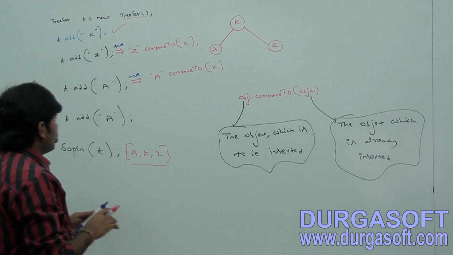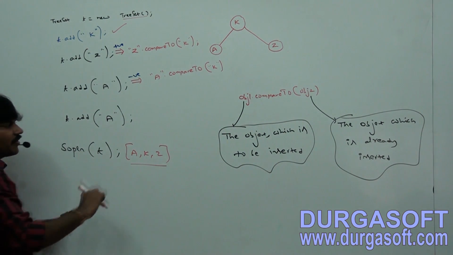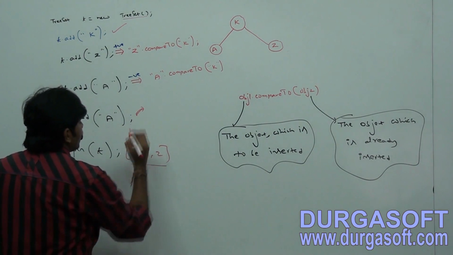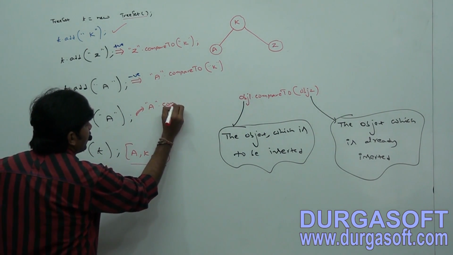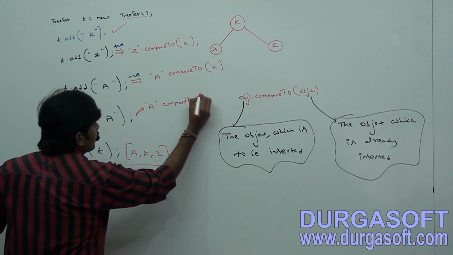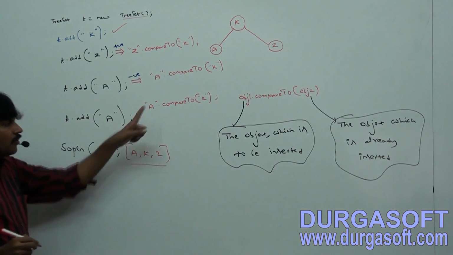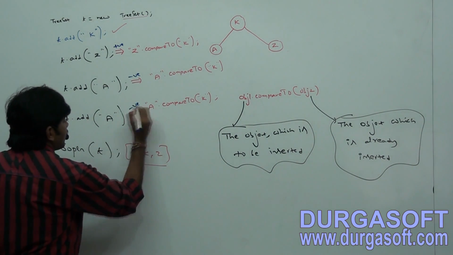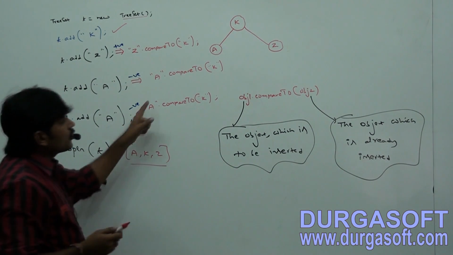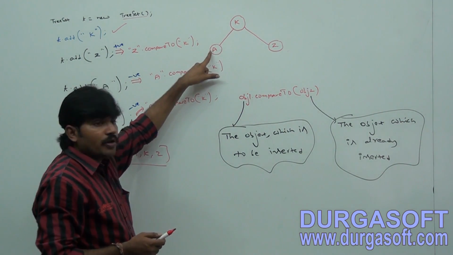Okay, this is next t.add("A") again. Now once again comparison must be required or not? Yes. A.compareTo(K), with K as the root element. A should come before K, so it returns negative. So I have to place A at the left, but at the left one more element is there.